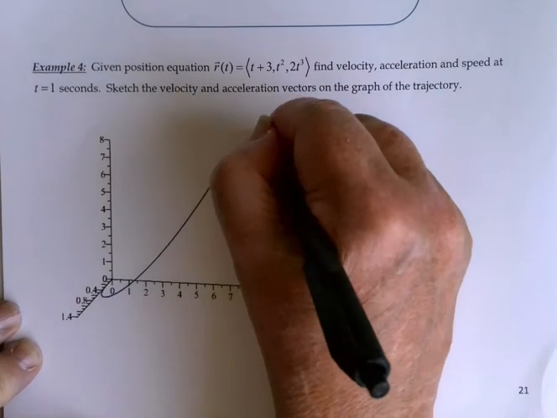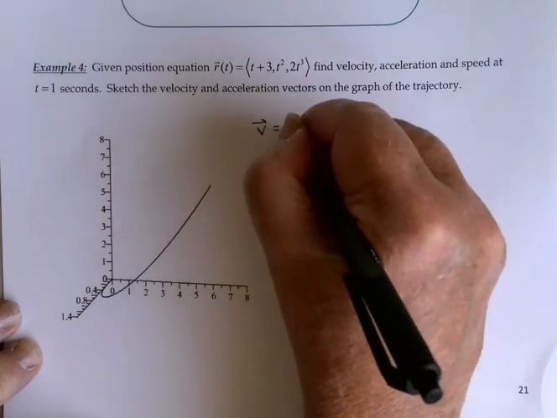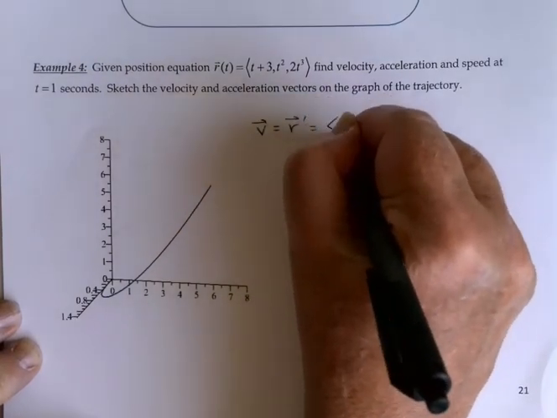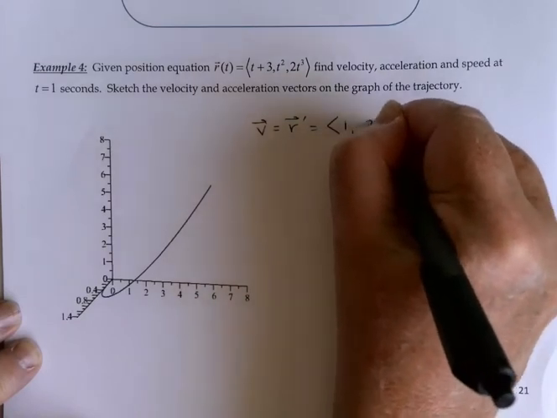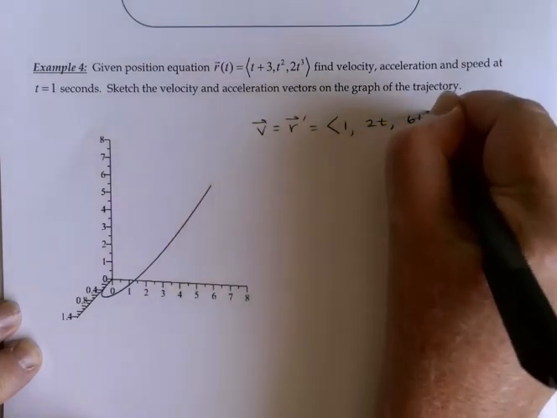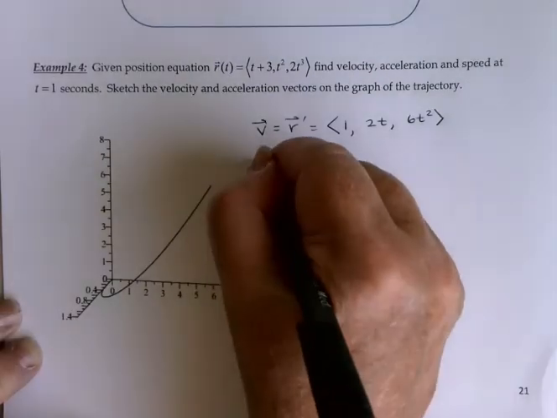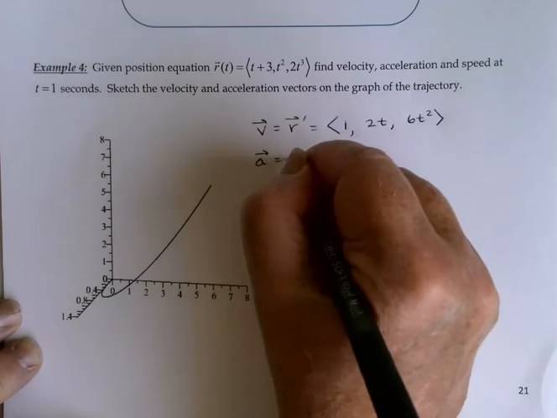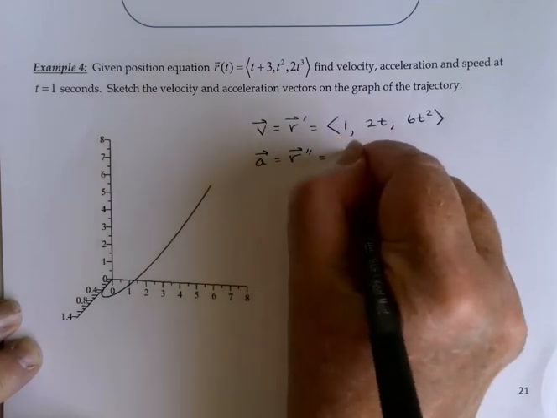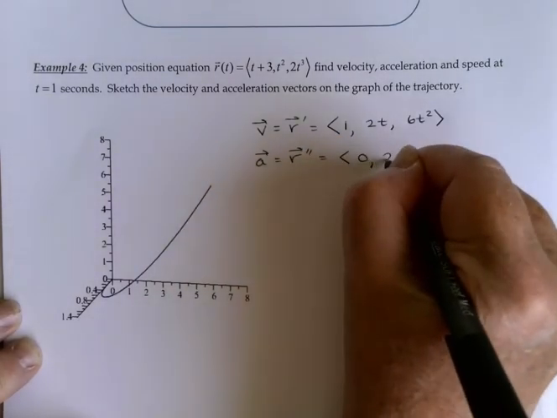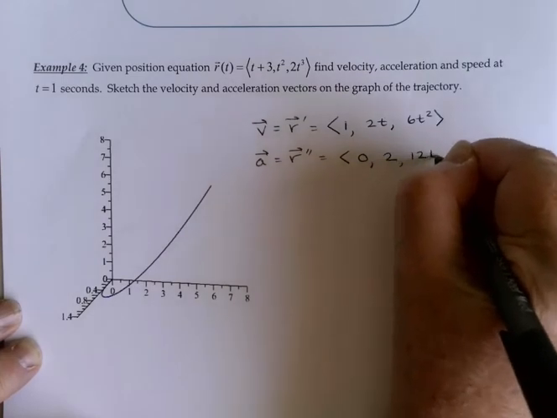All right, so velocity would be r prime, 1, 2t, and 6t squared. And acceleration would be the second derivative, 0, 2, and 12t.